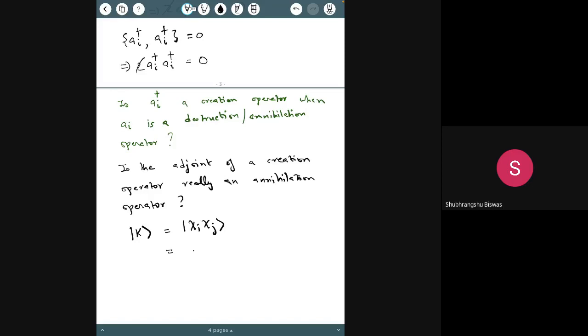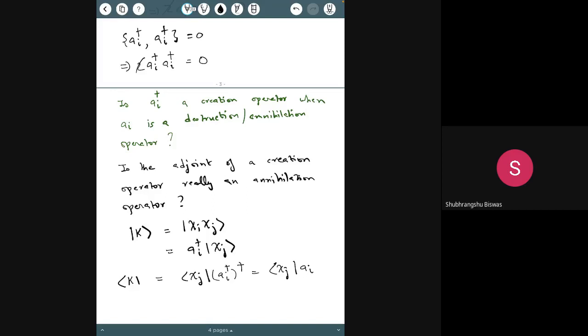I can write this as a_i dagger on a 1-electron determinant. Then if I take the adjoint of the whole equation, I have a bra K, which is basically chi_j a_i dagger dagger, which is chi_j a_i.